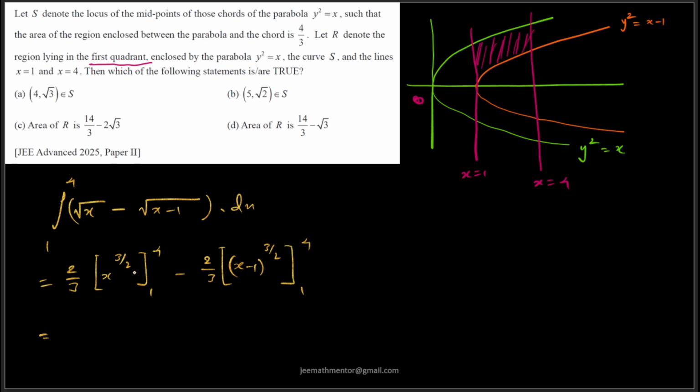Substituting the values, 4 to the power 3 by 2 would be 8, minus 1, 7. 7 2s are 14 by 3, minus, 4 minus 1 is 3. 3 to the power 3 by 2 is 3 root 3, and putting 1 here gives you 0. So 2 by 3 times 3 root 3 is 2 root 3. So quite easily you get 14 by 3 minus 2 root 3 as the correct answer, which means option C is correct.